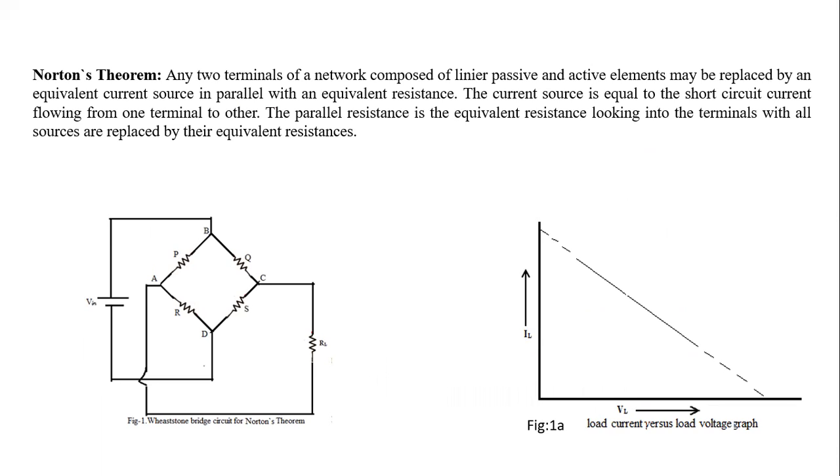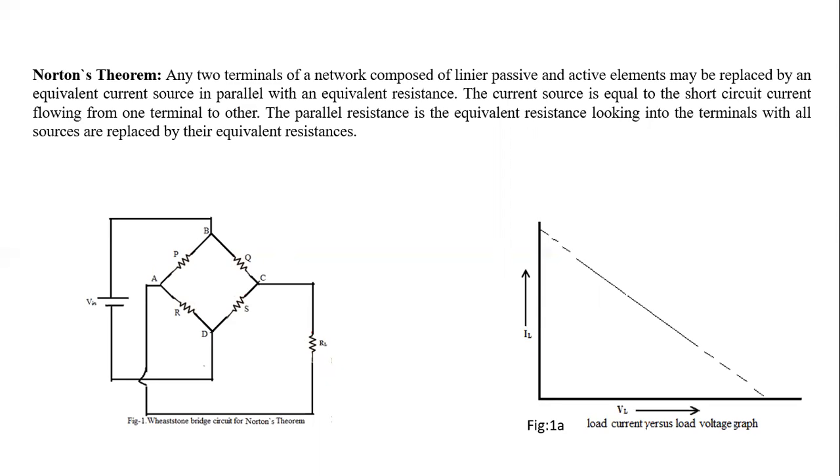Now, how to measure that equivalent current source and the parallel resistance? That is the question. Another important thing is that Norton's theorem is only valid for a linear active network, and the circuit should contain only independent sources, no dependent sources. Here in this circuit we can see there is only one independent source, that is VA.